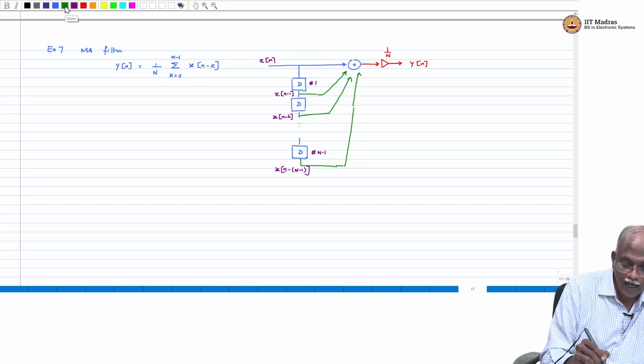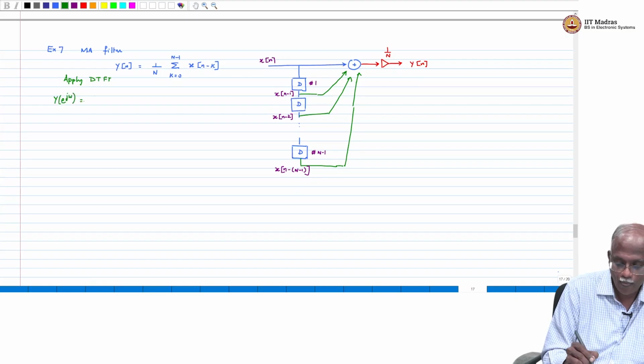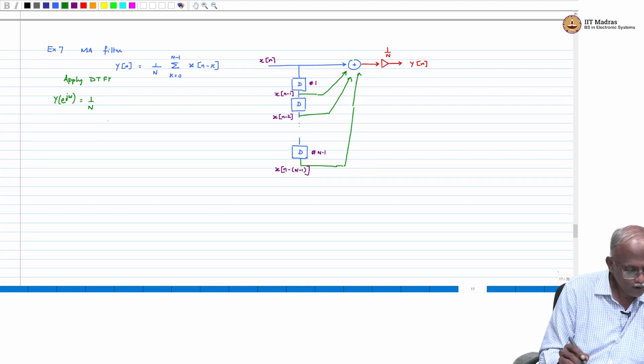Now, I will ask you to apply the discrete time Fourier transform. Okay. On the left hand side, we get Y e power j omega, and on the right hand side, we get 1 over N X e power j omega, that is the first term.